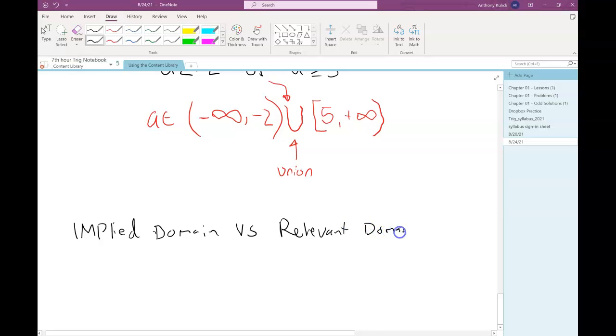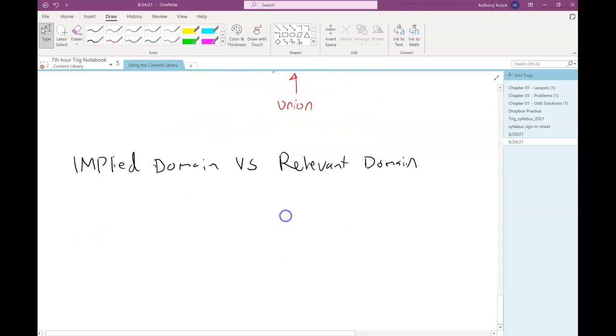So we're going to talk about implied domain versus relevant domain. The relevant domain would be the things that we would ask for in our Algebra 2 class. So like if I asked you to find the domain of y equals (2x plus 5) divided by (x plus 7), that would be a relevant domain question.